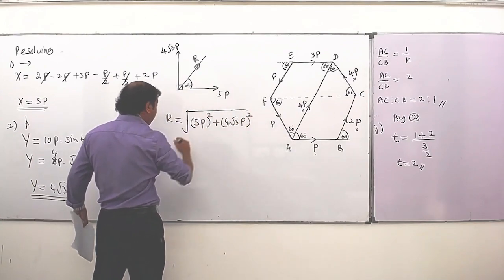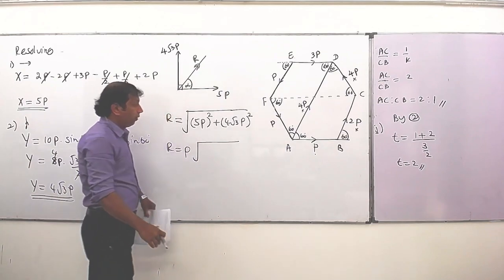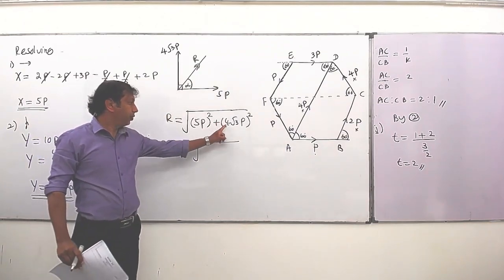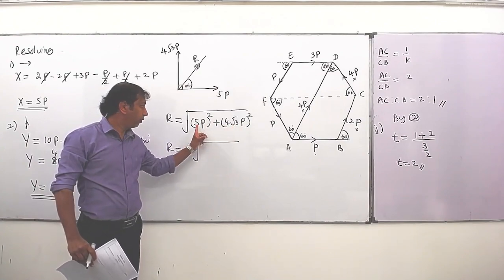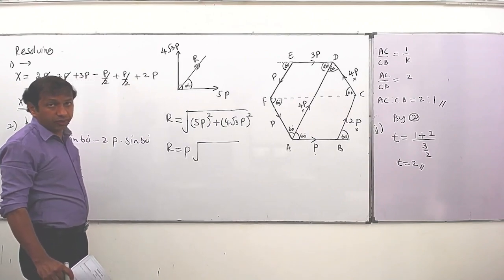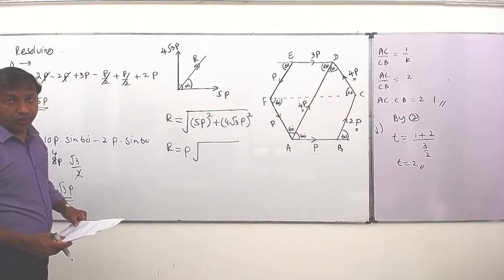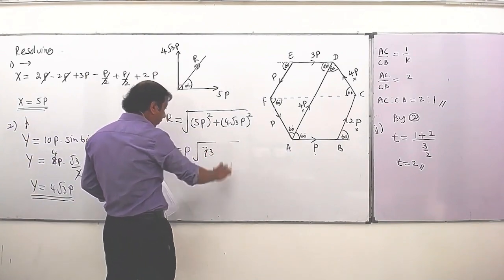P squared we can take out, that is P. Right, here what do you get? 16 into 3, 48. Here 25. Then we get 48 plus 25, 73. Okay.